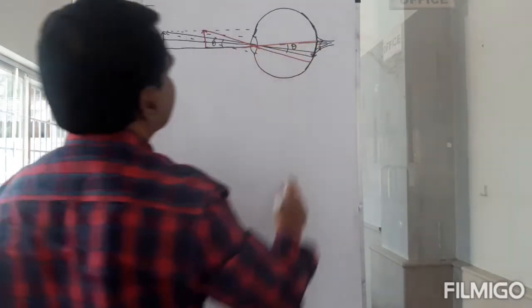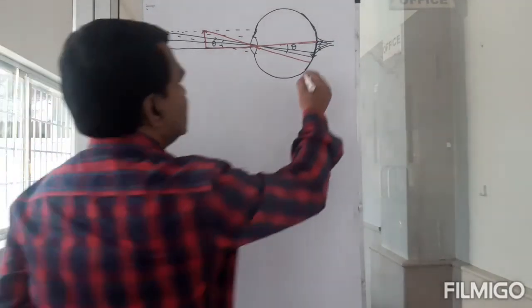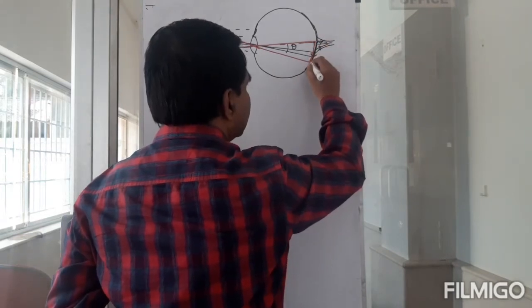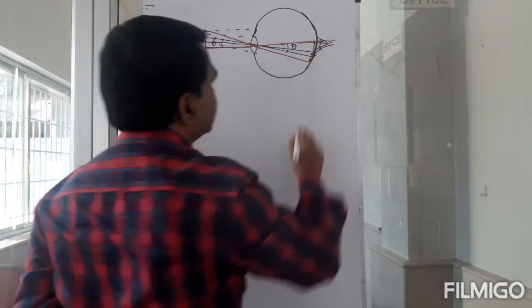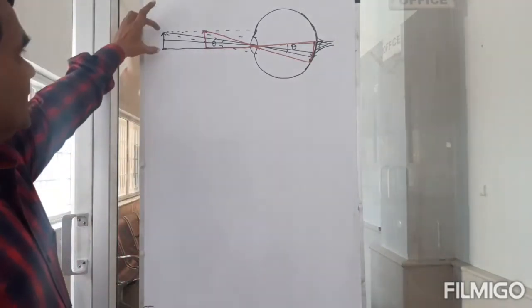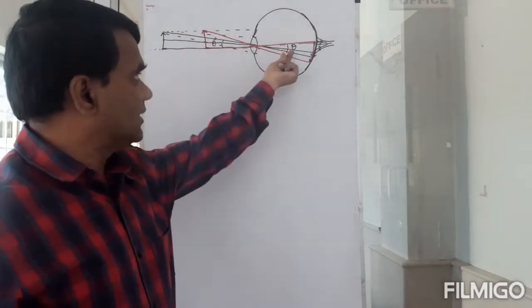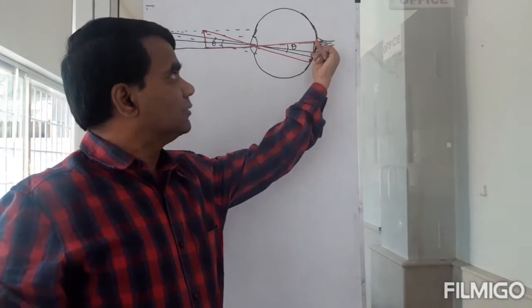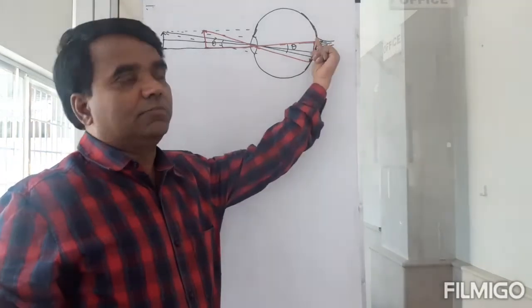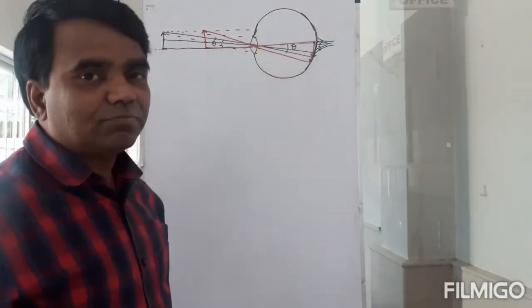Now the angle has changed, which means that I'm going to see a bigger image. Right? So if this is at some distance, the outside angle is equal to the inside angle, and I'll have a certain size of the image on the retina. But if you bring the object closer, then this becomes bigger.